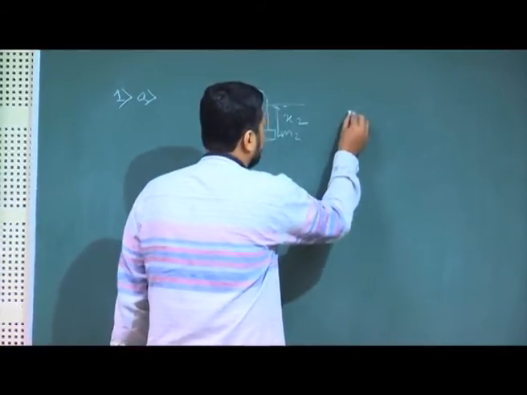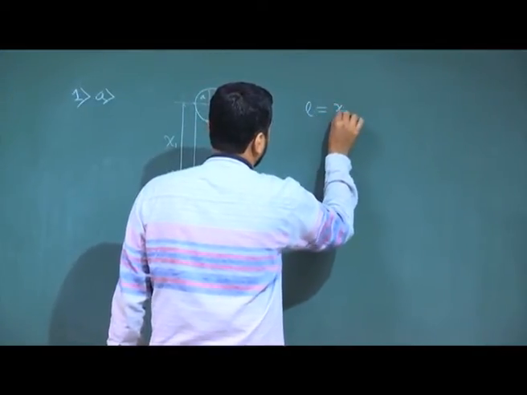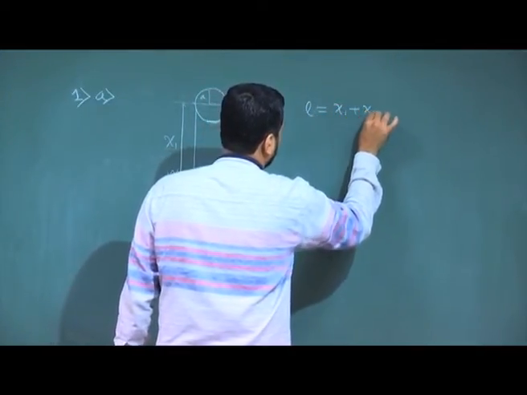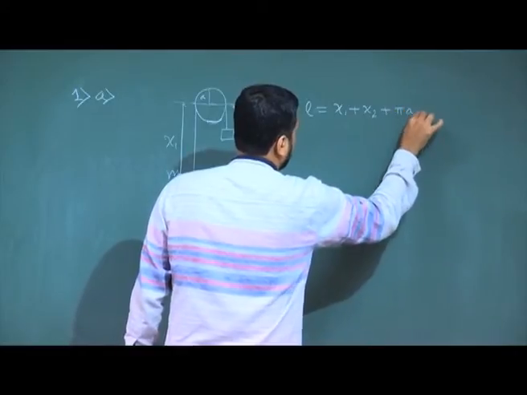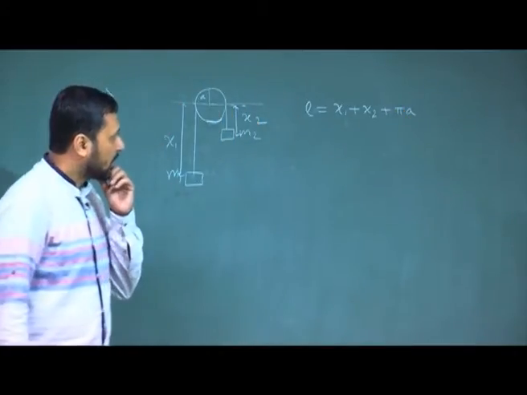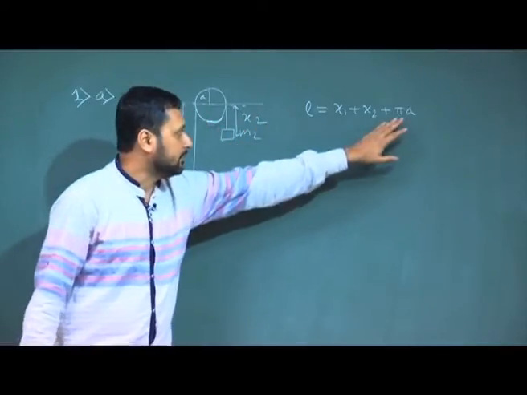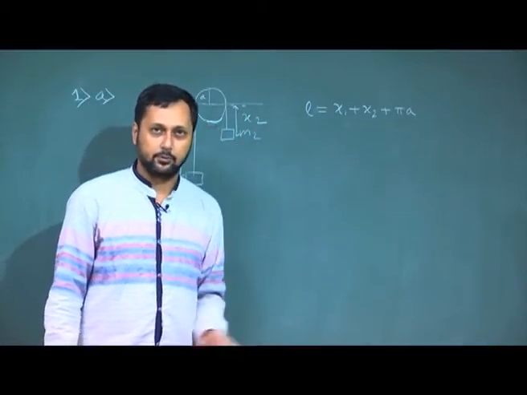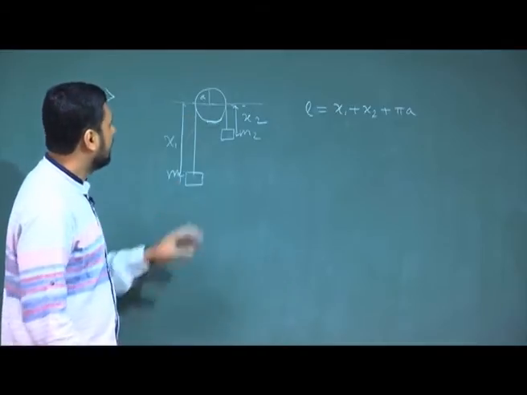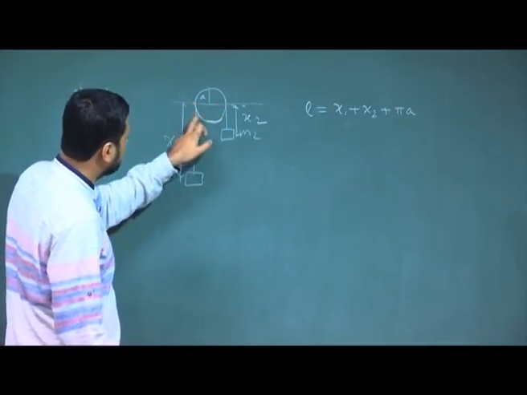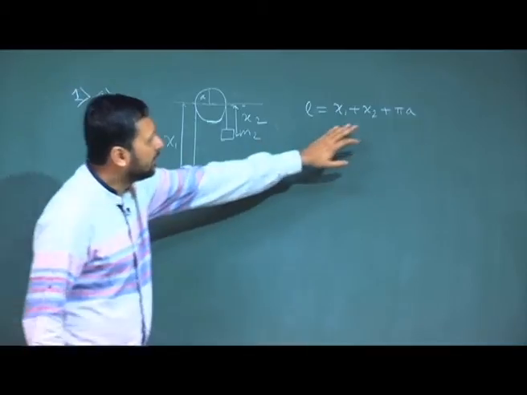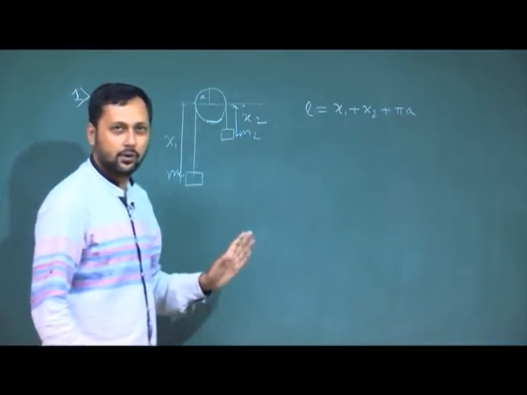So, if we write down the constraint equation, L will be equal to x1 plus x2 plus pi times a. Now, you might as well avoid writing pi times a, because we will see towards the end that it will not contribute. We are also assuming that the pulley is massless. If it is massless, writing this pi a will not affect anything.